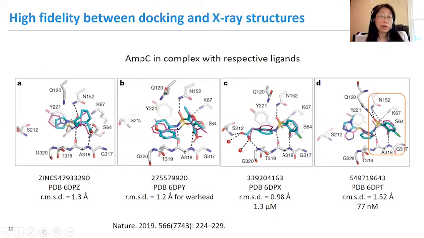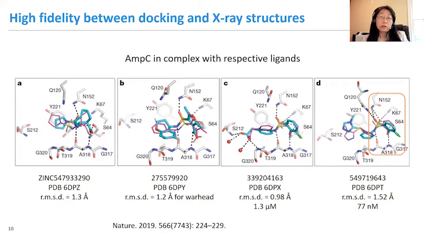Not only can we predict the binding affinity or identify binders from large decoy compound collections, the binding poses were also shown to have very high fidelity to the experimental structures.